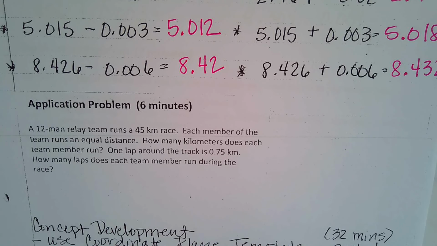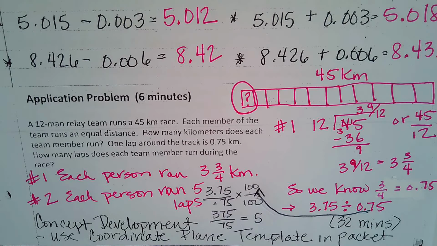Number one, how many kilometers does each team member run? One lap around the track is 0.75 kilometers. So it's just under a full kilometer. So it's not one full kilometer, it's 0.75 of a kilometer. How many laps does each team member run during the race? All right, try it out and come back to check.